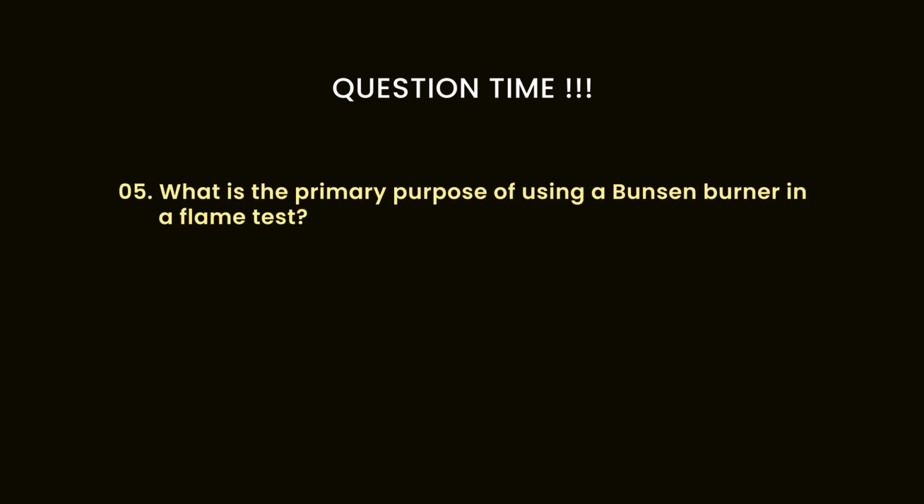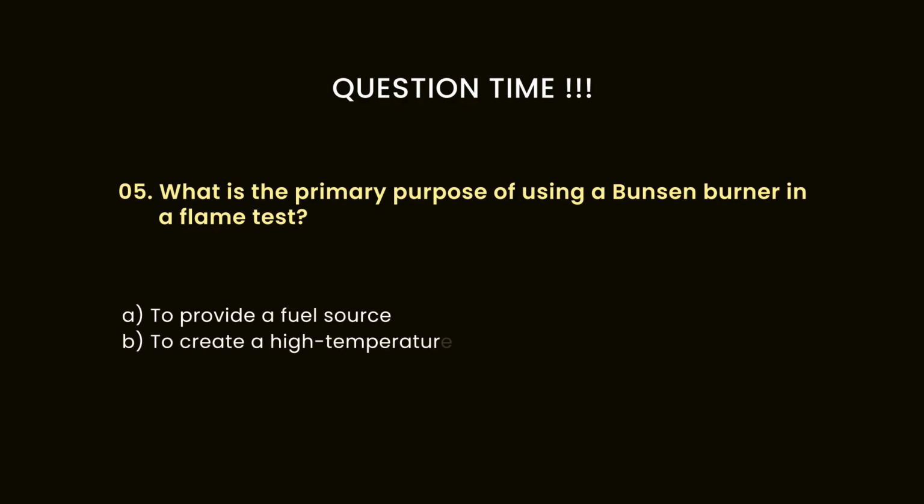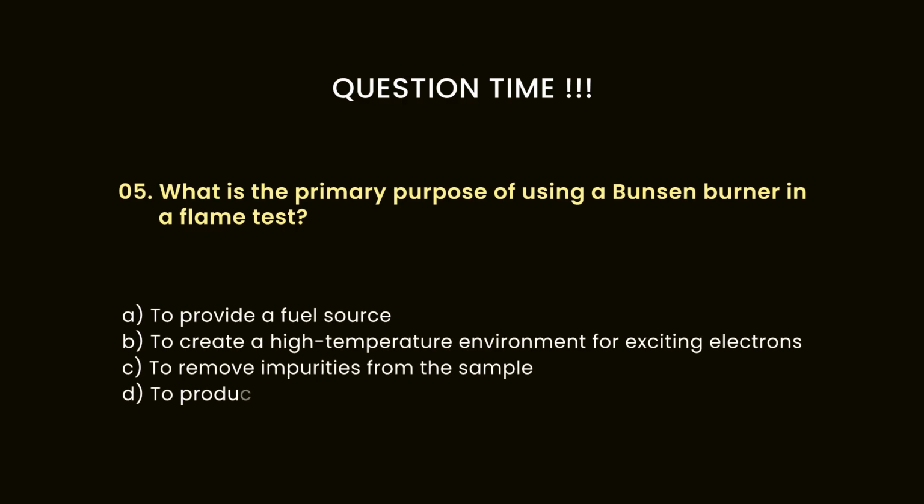Question 5. What is the primary purpose of using a Bunsen burner in a flame test? Answers are: A. To provide a fuel source. B. To create a high-temperature environment for exciting electrons. C. To remove impurities from the sample.